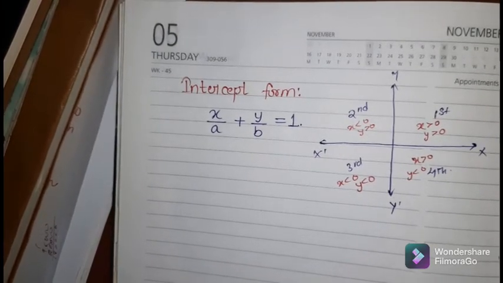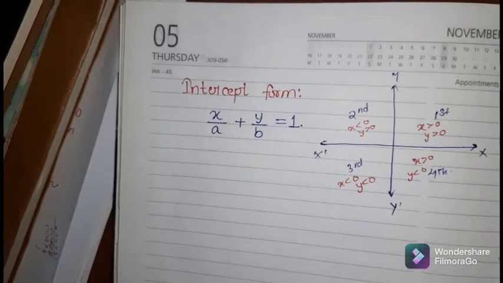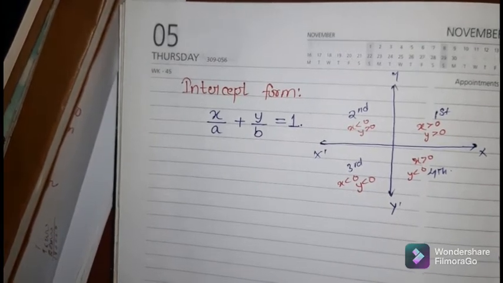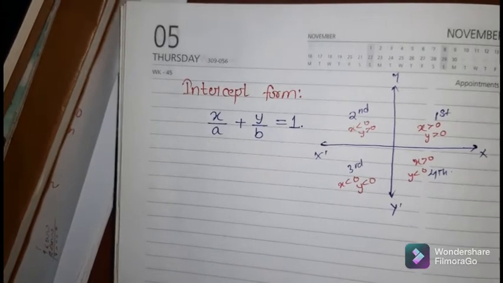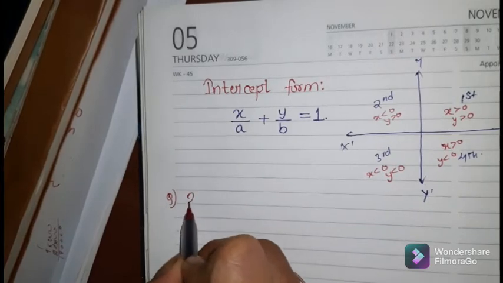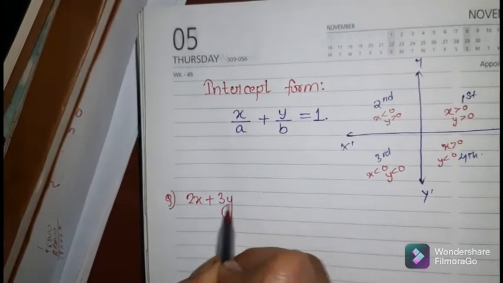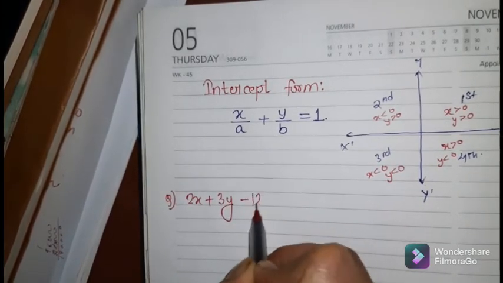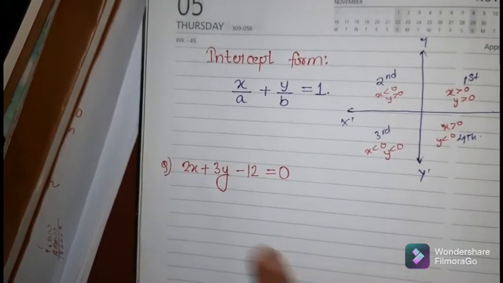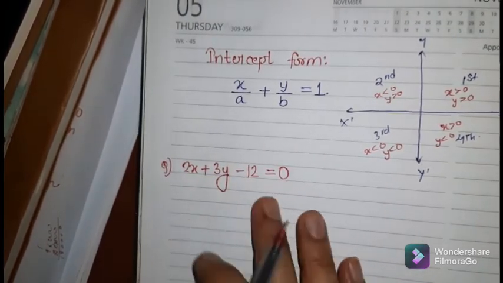So suppose we have an equation and we need a graph for it. Suppose we have the equation 2x plus 3y minus 12 equal to 0. How do we plot it on a graph? First we have to convert it into the intercept form.